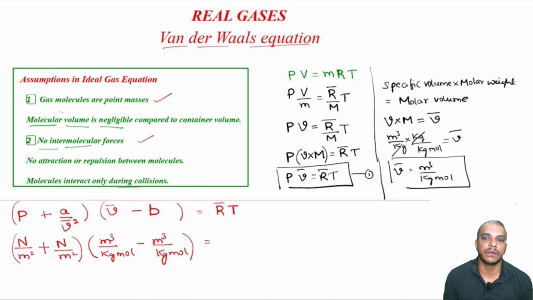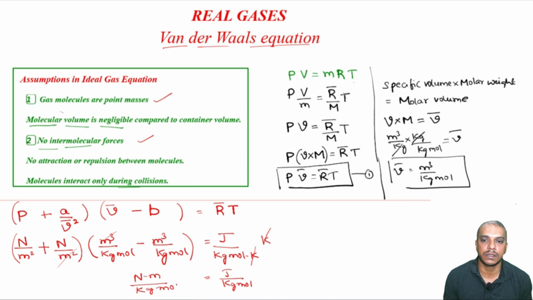And on the right side, we have the R bar unit. We already know it is joule per kg mole Kelvin and temperature is in Kelvin. So, we will have joule per kg mole on the right side. On the left side also, on one side we have Newton per meter square. This meter square goes off, so Newton meter in the numerator and in the denominator we have kg mole.